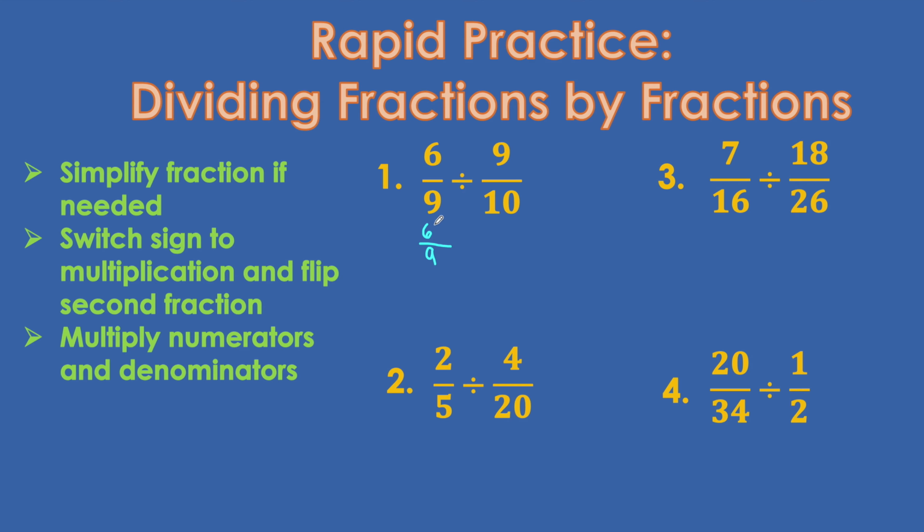And you want to find the greatest common factor, which is going to be 3. Divide top and bottom by 3. Make sure you don't change the sign. Keep the sign the same.